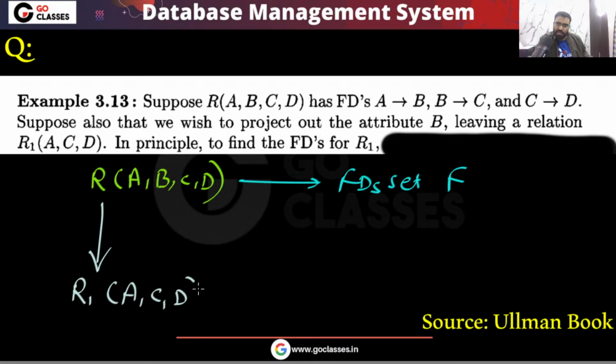And now we want to find out which functional dependencies will hold in this relation R1. Find the functional dependencies for R1. So very simple: we want to find an FD set for R1.